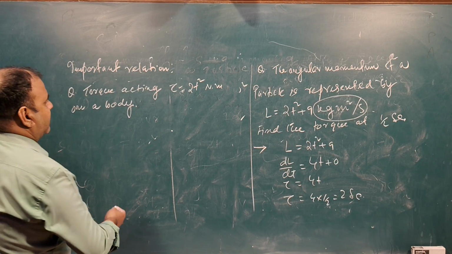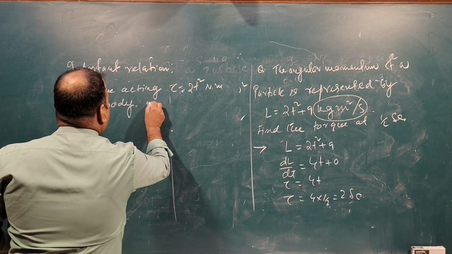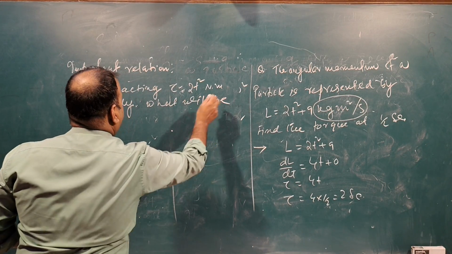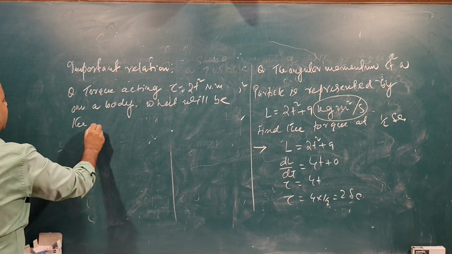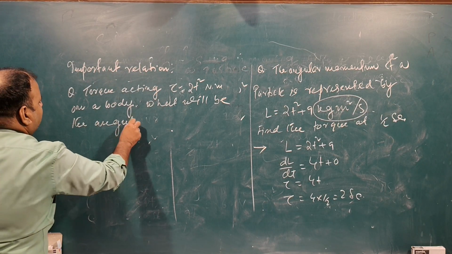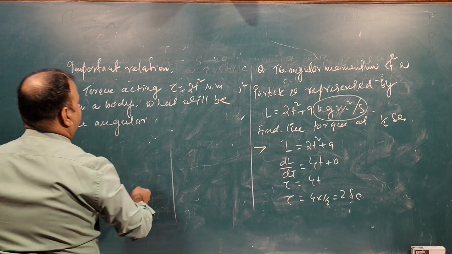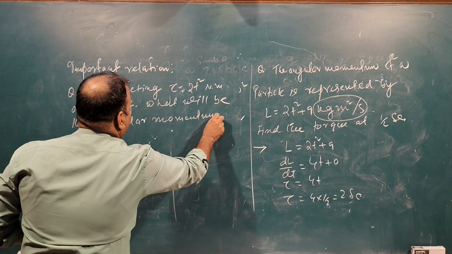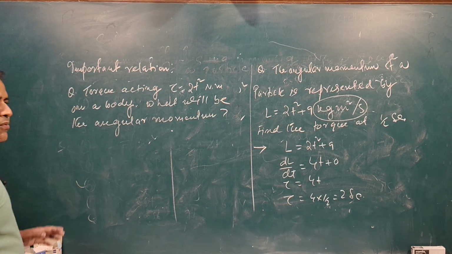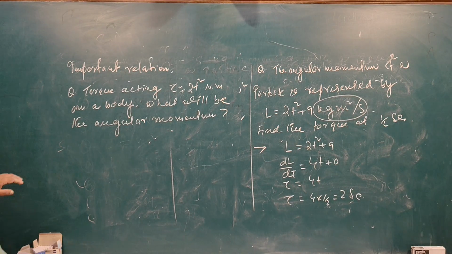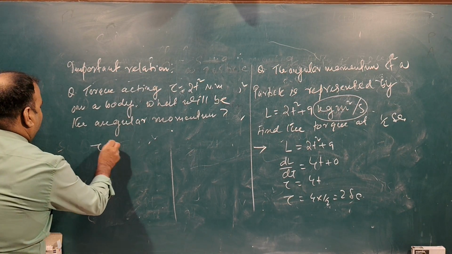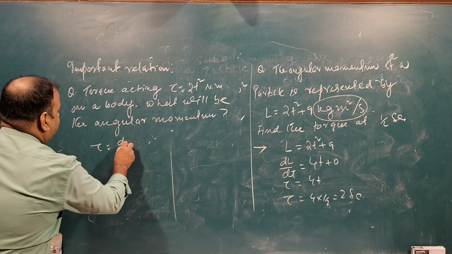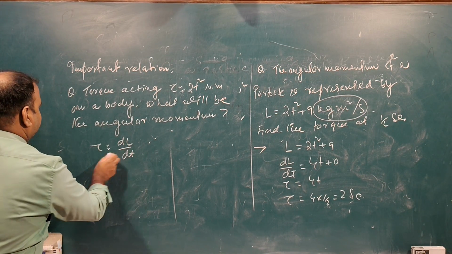So after acting, what will be the angular momentum? You just recall the formula. What is the formula? Already I have given: tau is equal to dL divided by dt.